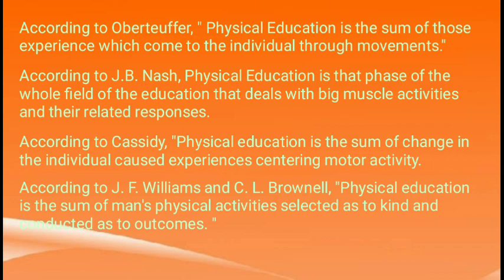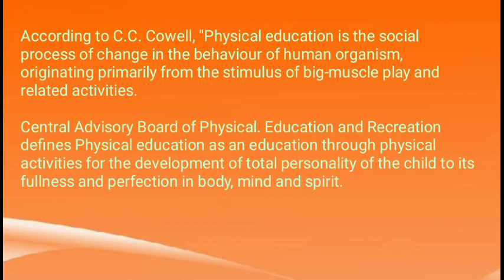That desired result is achieved with the help of physical activities, which have been selected as to kind and conducted as to outcome. Physical activity is selected in such a way that we get the desired result or outcomes. So that has been given according to J.F. Williams and C.L. Brownell.